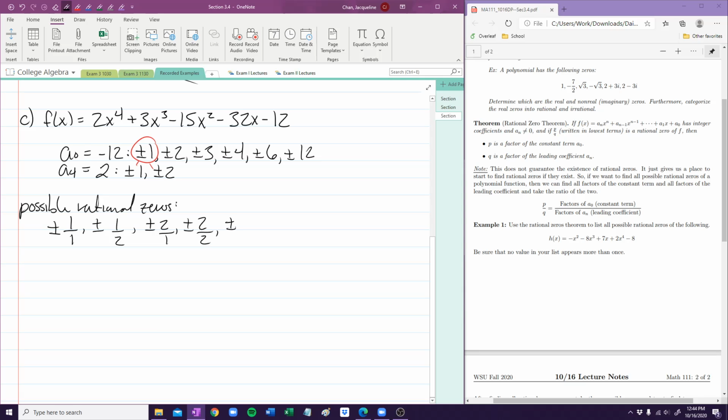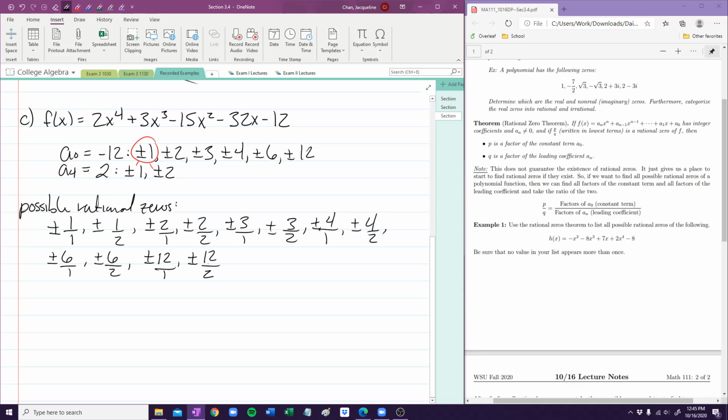And I have plus or minus 3 over 1, plus or minus 3 over 2, then plus or minus 4 over 1, plus or minus 4 over 2. Plus or minus 6 over 1, plus or minus 6 over 2, and lastly, plus or minus 12 over 1, plus or minus 12 over 2.